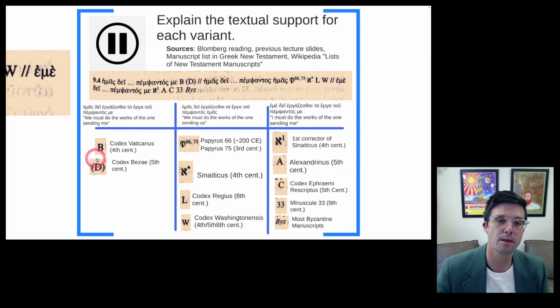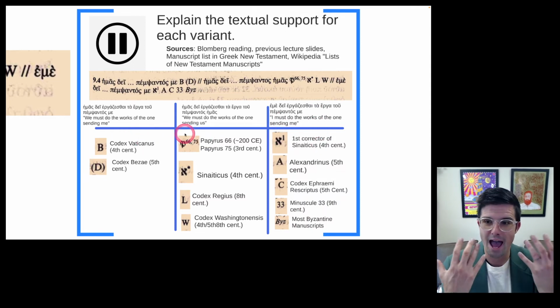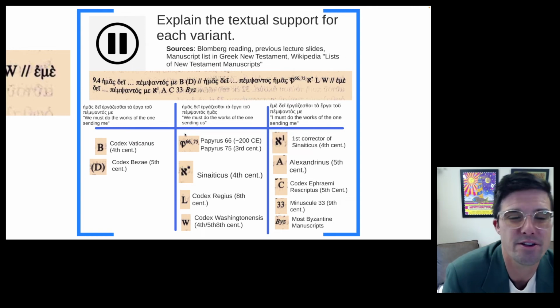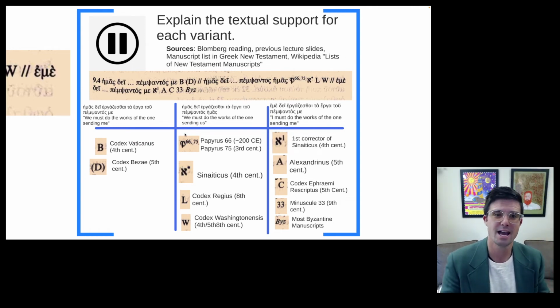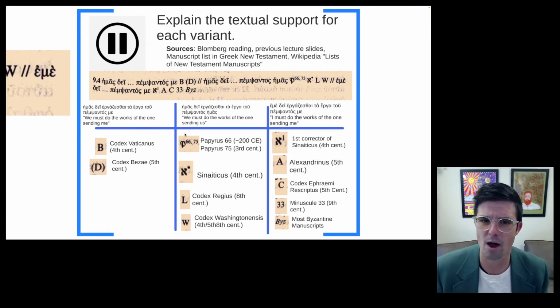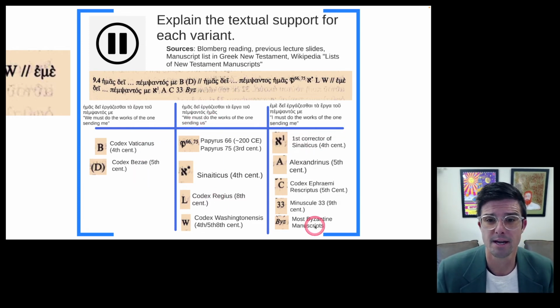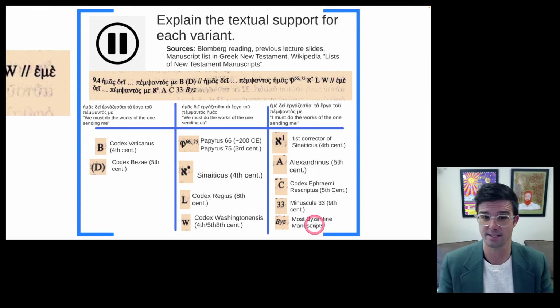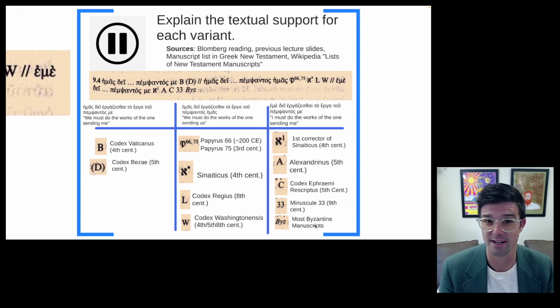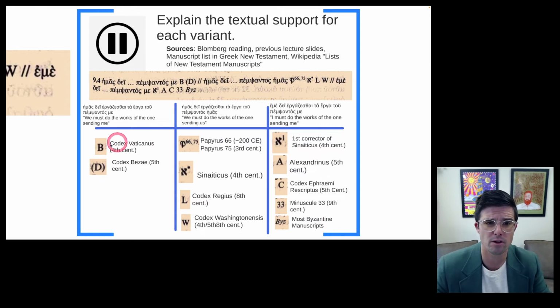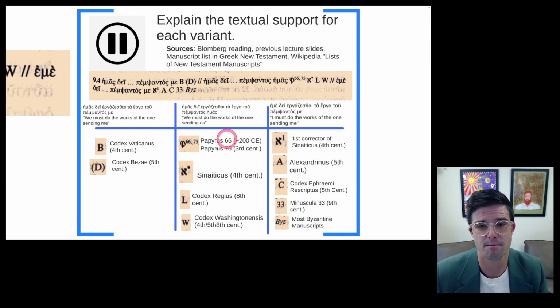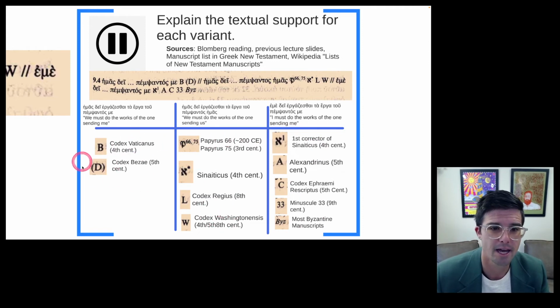So now that we have this data out there, you can do the calculus of thinking about which one of these readings is best supported by the manuscript evidence. This is what is called the external evidence. The manuscript evidence: does one of these seem to be best supported?